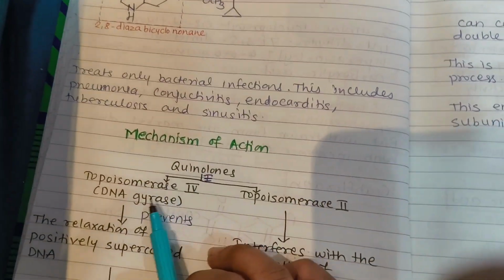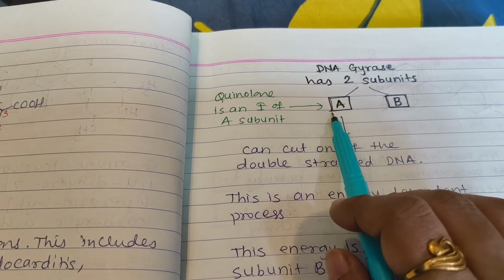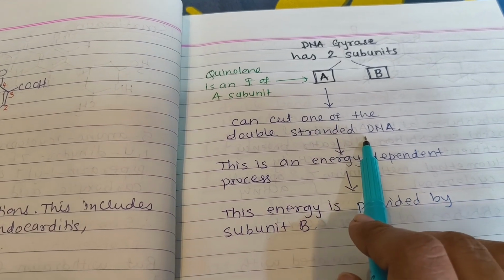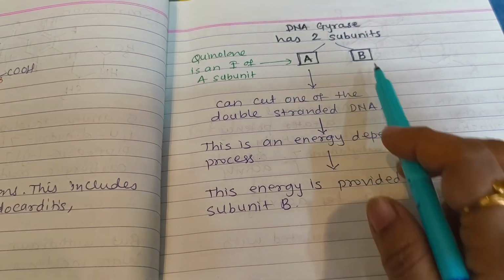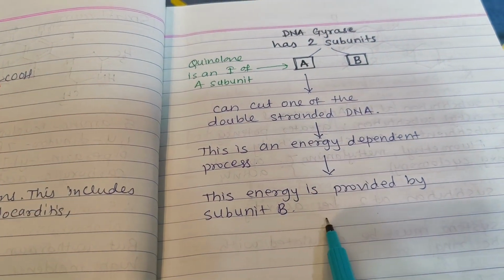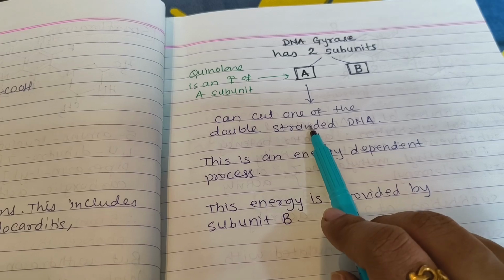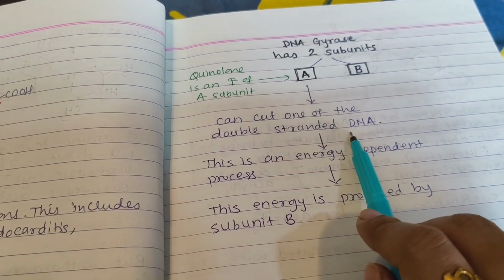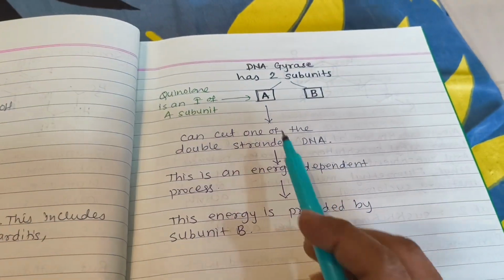Now this DNA gyrase has two subunits. Okay, so first subunit can cut one of the double-stranded DNA, and this is an energy dependent process, and this energy is provided by the another unit, that is subunit B. Okay, this unit provides the energy to unit A, so that it can cut one of the double-stranded DNA, and this further processing will happen for DNA synthesis.